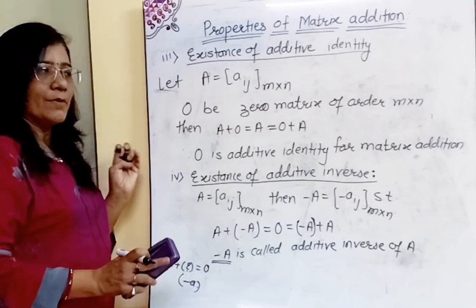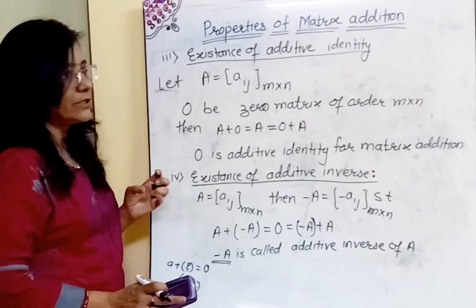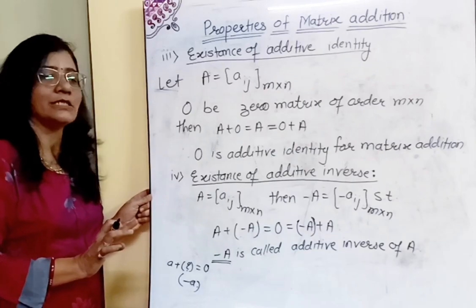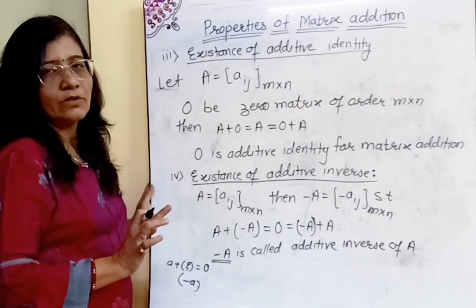First is commutativity, second is associativity, third is existence of additive identity, and the fourth is existence of additive inverse. Thank you.